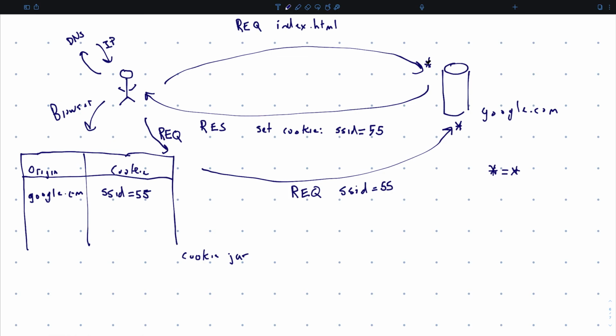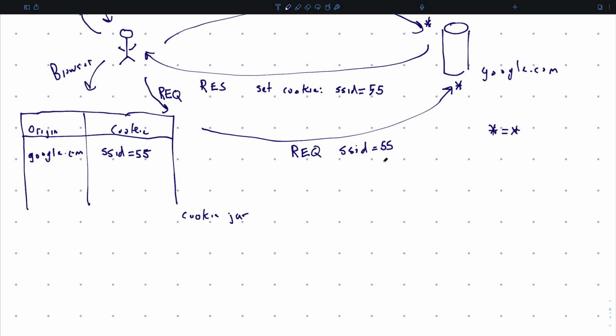So if you want to hijack someone's session, it's sufficient to just take the SSID. Right? So cookies are never going to be 55. They're going to be a long, 60-digit character, 80 bits, 256 bits, something like that.